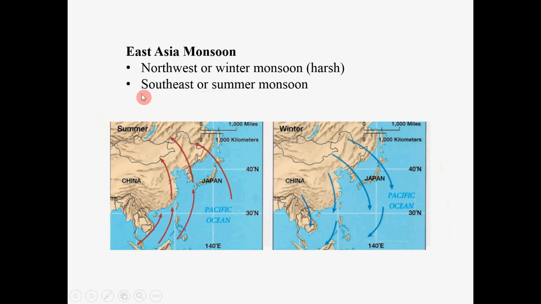Then you also have the southeast monsoon, or summer monsoon. The summer monsoon blows from ocean toward the land and brings a lot of moisture to the land, and that is what makes East Asia a very favorable place for rice growing agriculture.